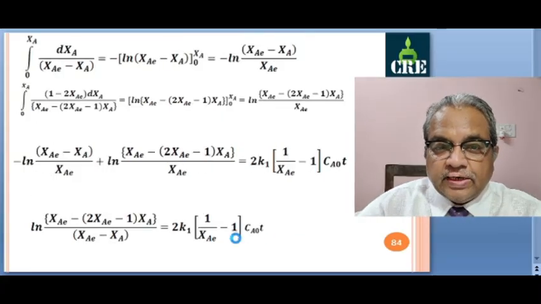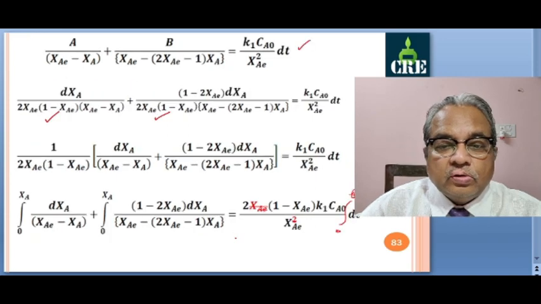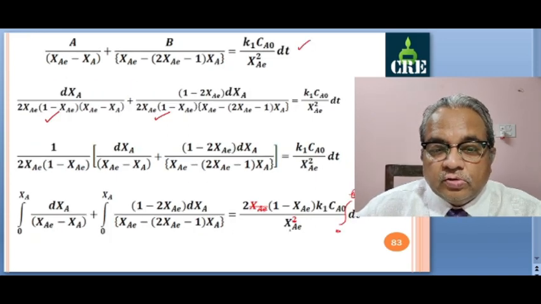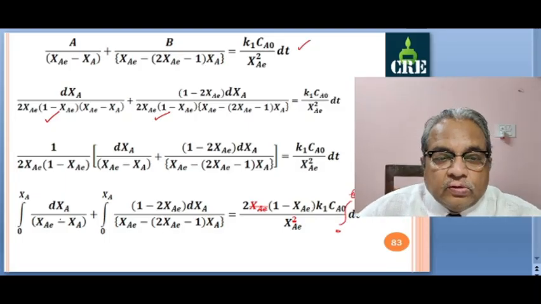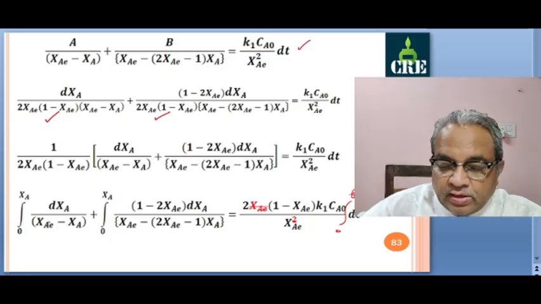So this right hand side I can write as simply 2 into (1 minus XAe) k1 CA0 by XAe only. And the left side is dXA by (XAe minus XA).